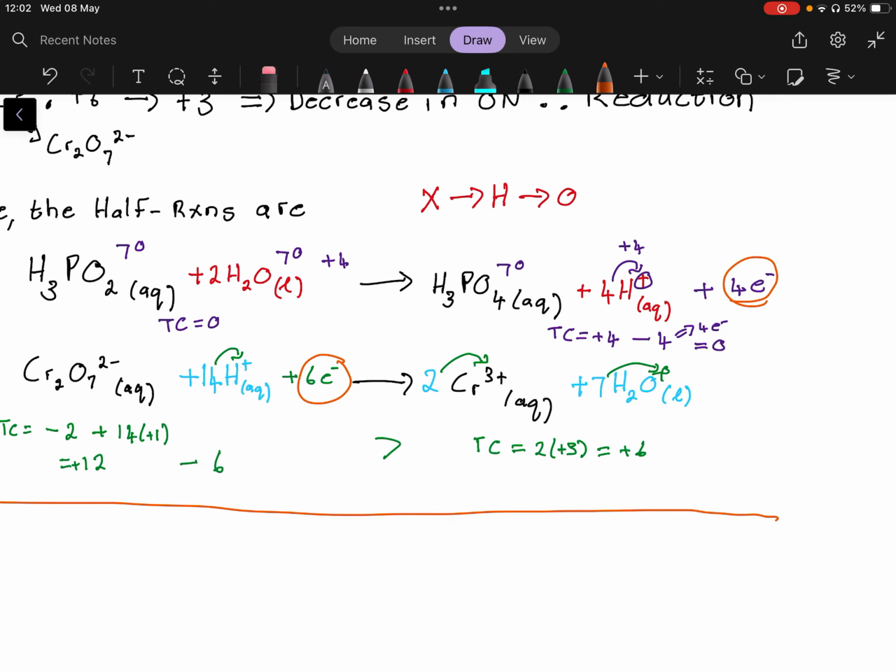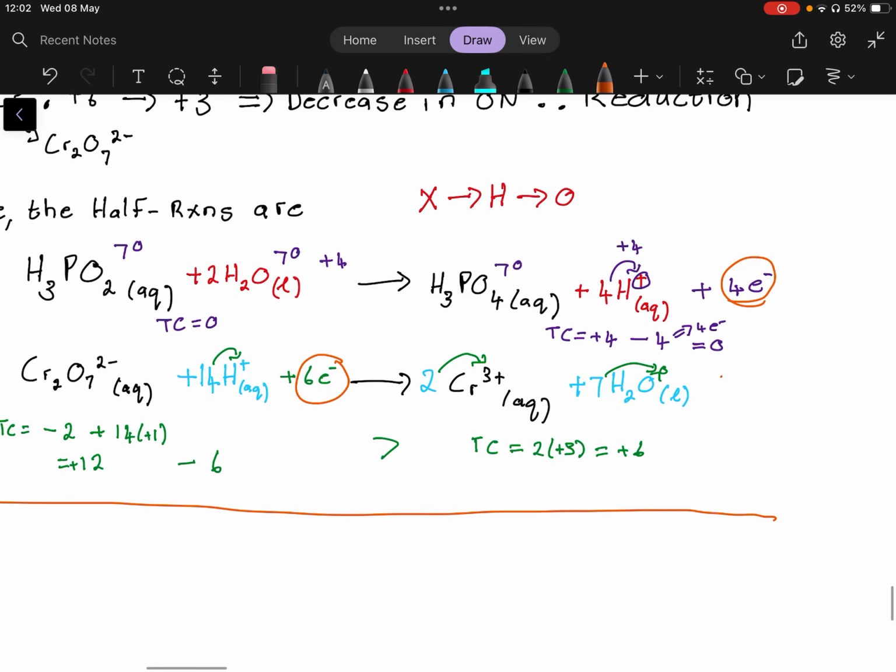Okay, that gives 6 and 8. That's not right. 6 times 1, 4 times 3 gives 12. So in other words, you said it's 12, then you divide it by the number here. So this one needs to be multiplied by 2. And this one needs to be multiplied by 3.